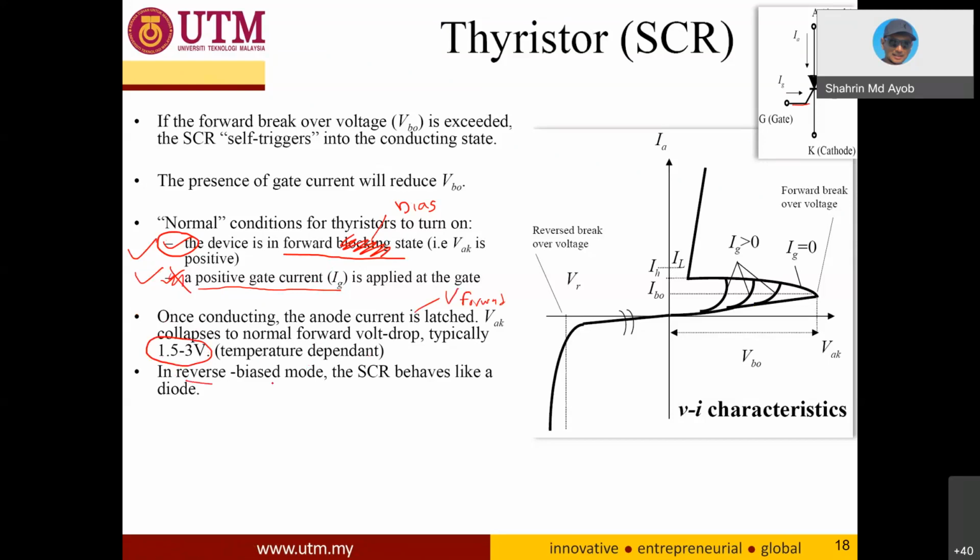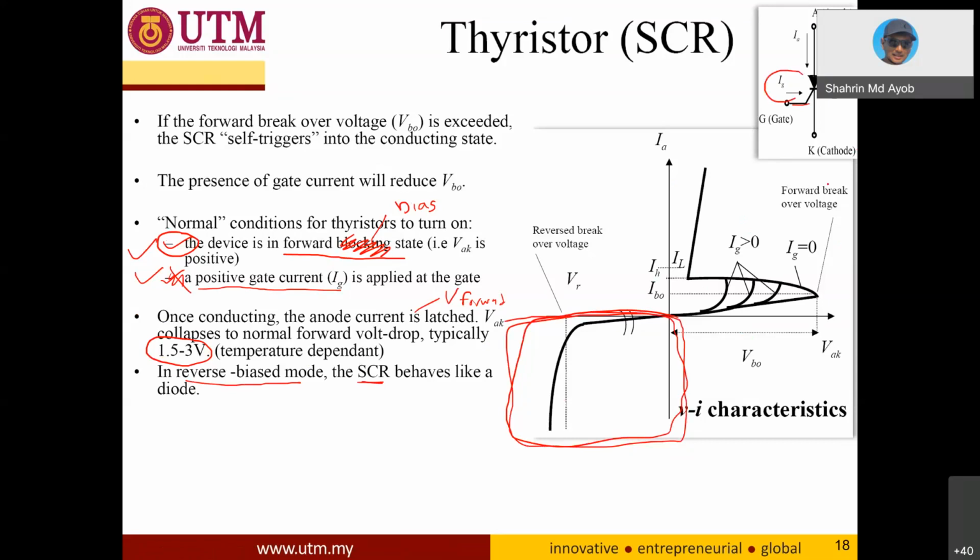In the reverse bias mode, the SCR will behave like a diode. This is the characteristic of the SCR during reverse bias, same as a diode. That's why the SCR is called semi-controlled, because we can control the device to turn on by delaying the signal.